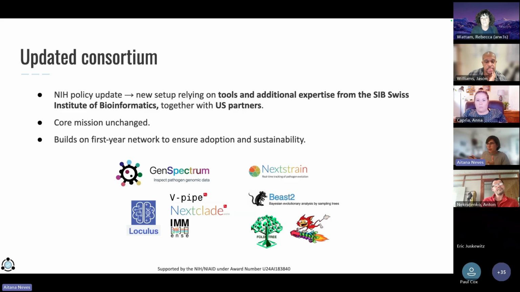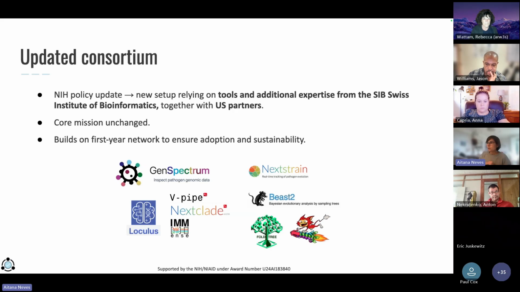Nevertheless, we could find a way to keep the same core mission unchanged. So that's very important for everyone to feel reassured. And we will build on the first year network to also ensure adoption and sustainability. But the tools that will now be further developed will have a little shift towards tools that are developed within the SIB network. And we continue to work with the US partners at Cold Spring Harbor and Georgetown University.